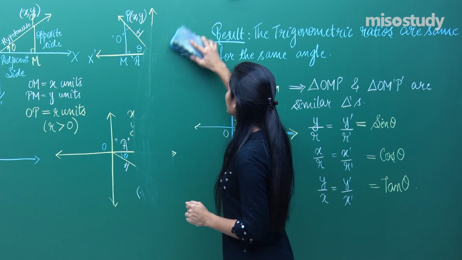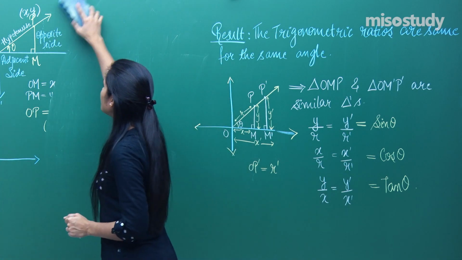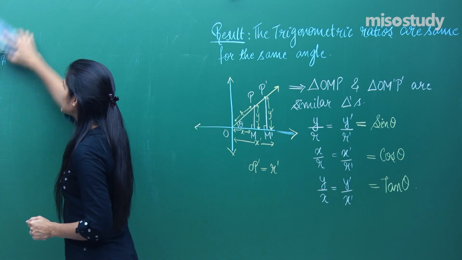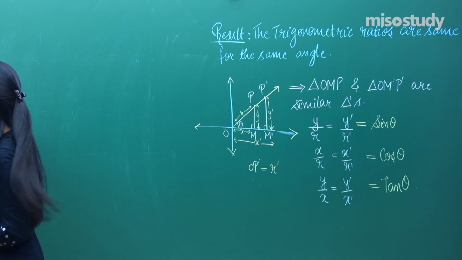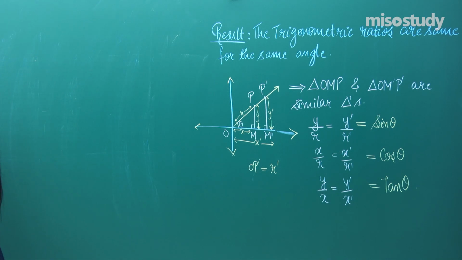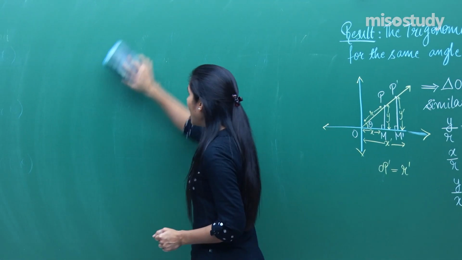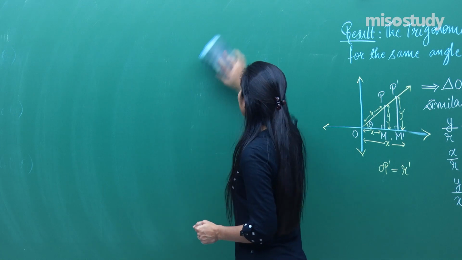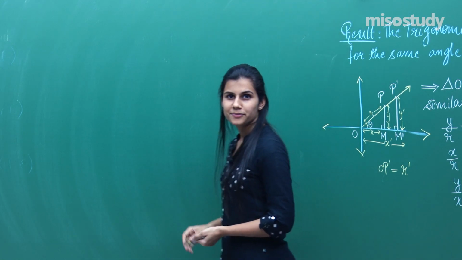We all till now discussed the ratios which are formed with the help of sides of a right triangle. That is what we discussed. And each of these ratios has a certain name. How do you remember which ratio has which name?